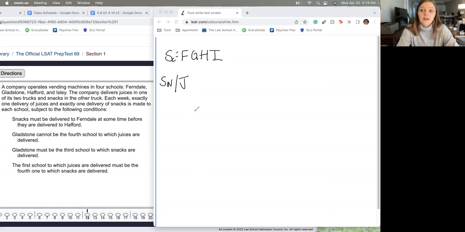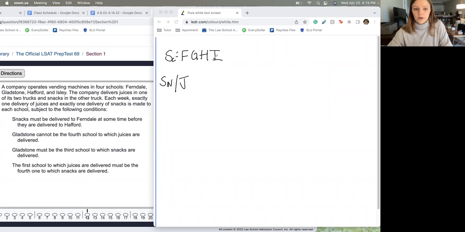So as far as a setup goes, it's not very clear, or at least in my opinion, when I first did this game, it's kind of a little different. It's not as obvious how we should set this up. So to set this up, probably the easiest way is to treat it like a double sequencing game.